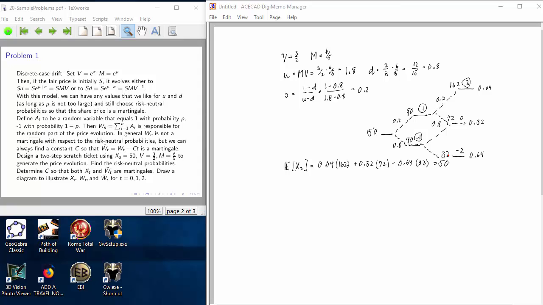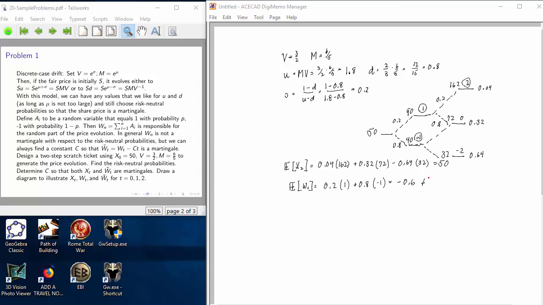Unfortunately, W sub n is not a martingale. If you look, for example, at the expectation of W1, it's 0.2 times the value of 1 plus 0.8 times the value of minus 1, which is minus 0.6.